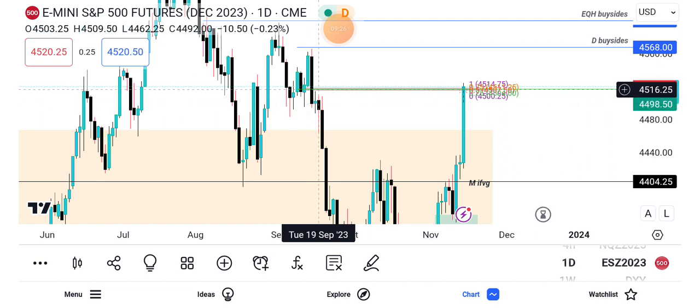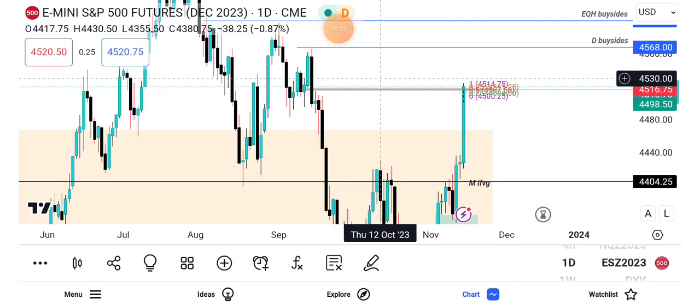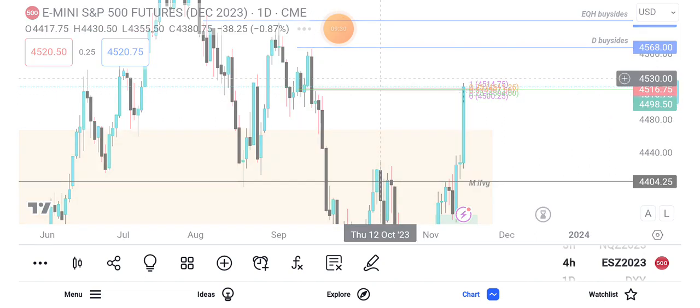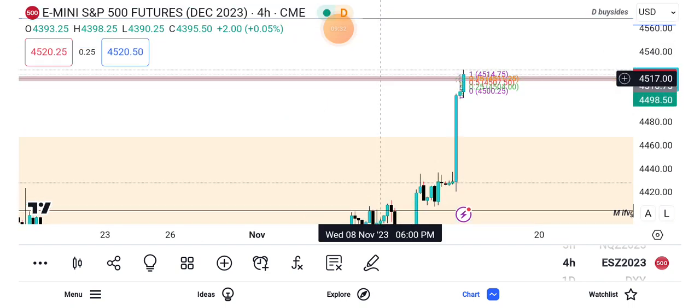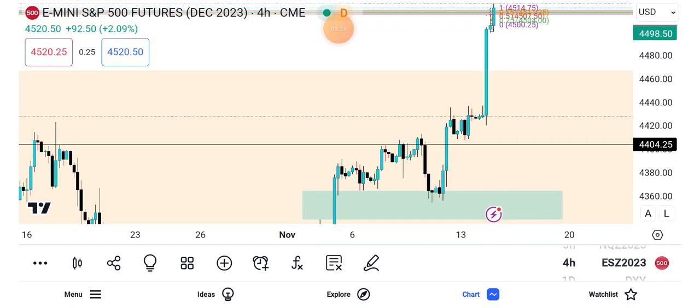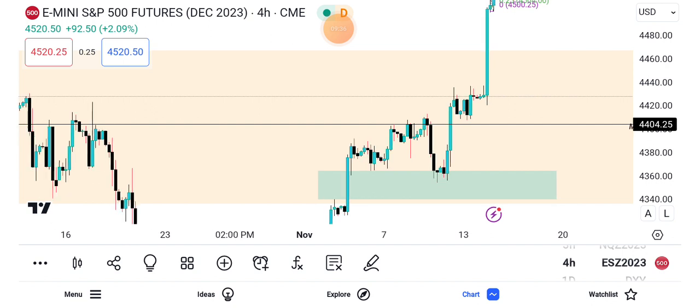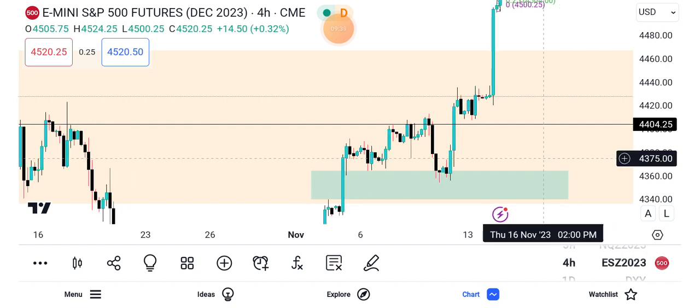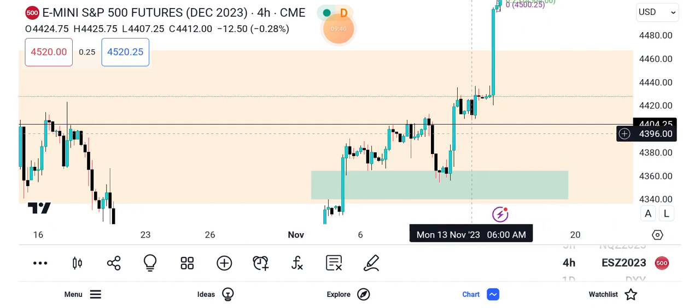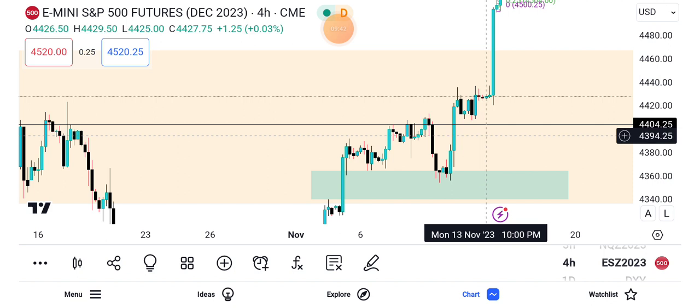Waiting to see. So today what happened, we had CPI that really pushed prices higher. Let's see what transpired here. Yesterday was consolidating.